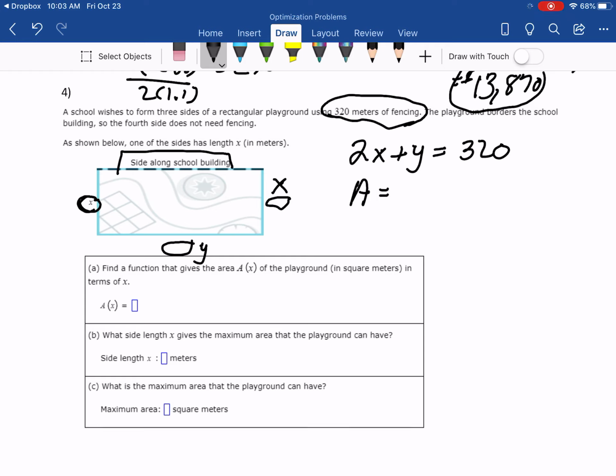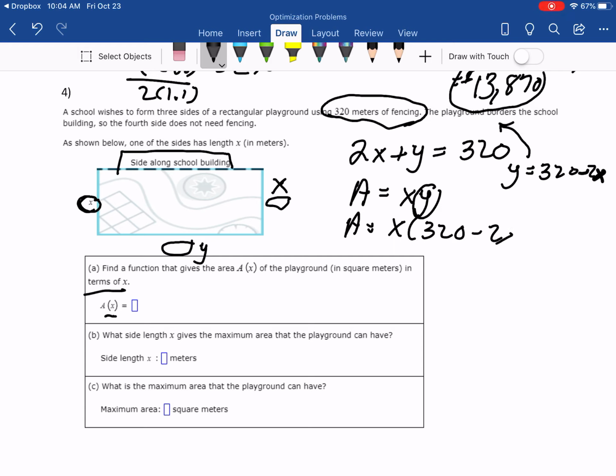Okay? And we know the area is length times width, or x times y. All right? But we want to have a function that involves only x, only in terms of x. So if we solve the first one for y, it'll be y equals 320 minus 2x. And then instead of y, we substitute in here, so area is x times 320 minus 2x.